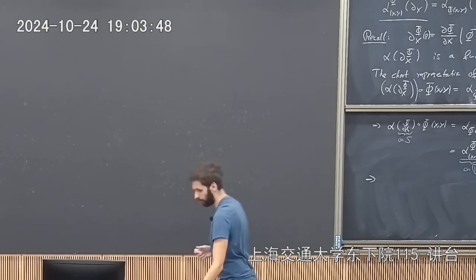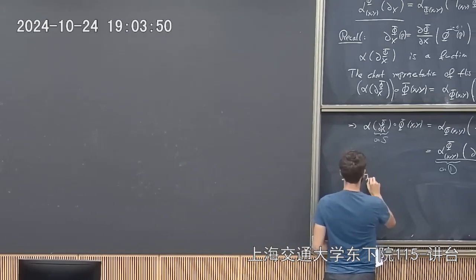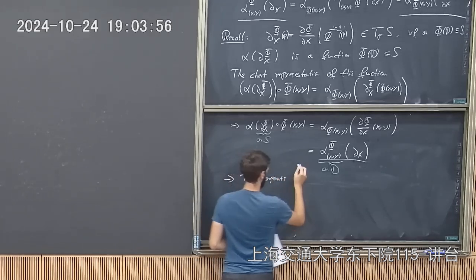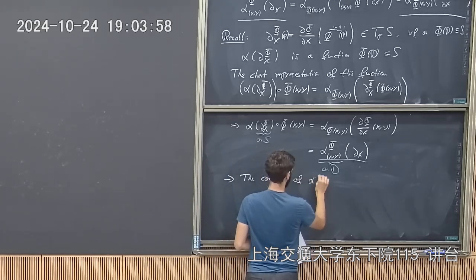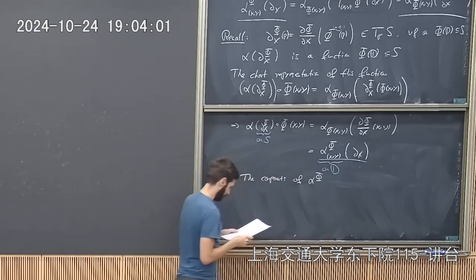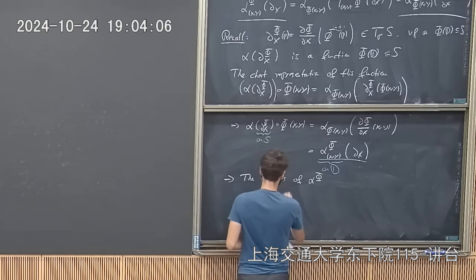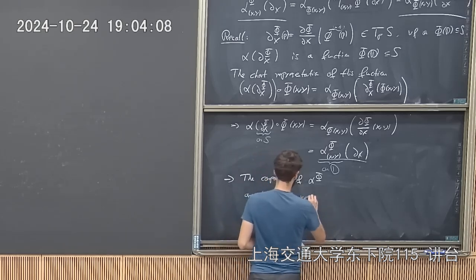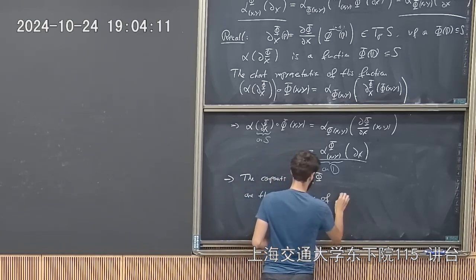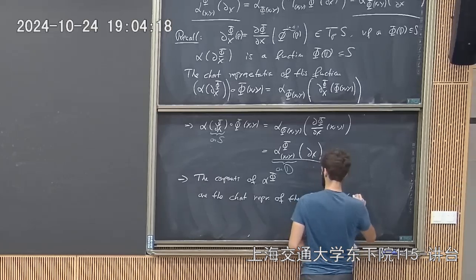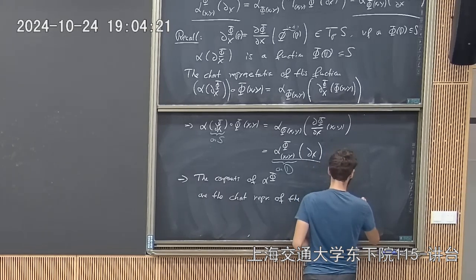The summary of this discussion is that the components of the chart representation alpha phi are the chart representations of the functions alpha with dx phi inserted.